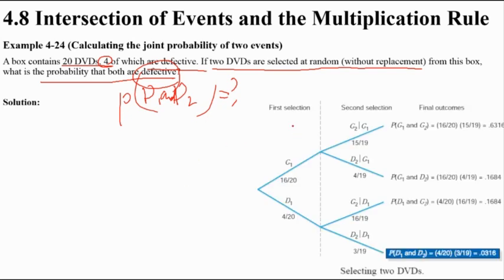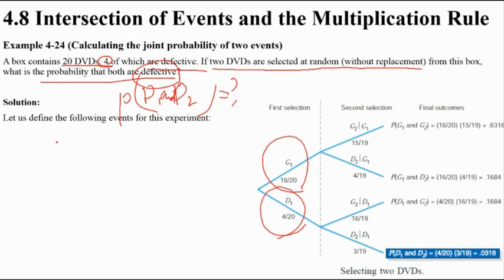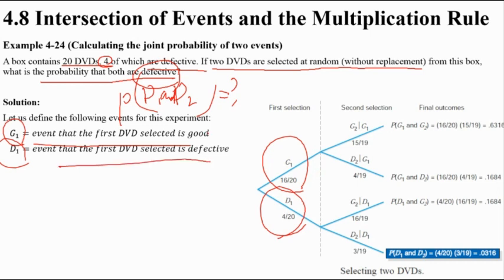So we try to make a tree diagram, with good and bad. The first one is good or defective.